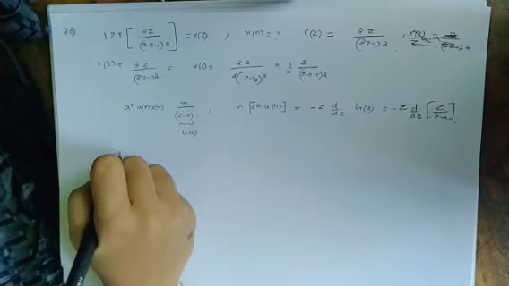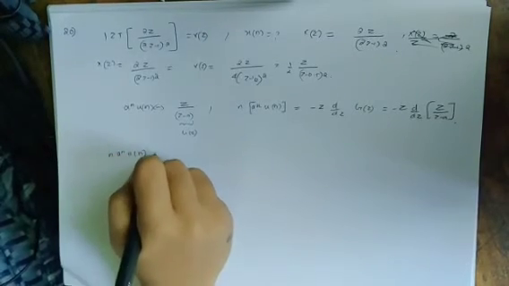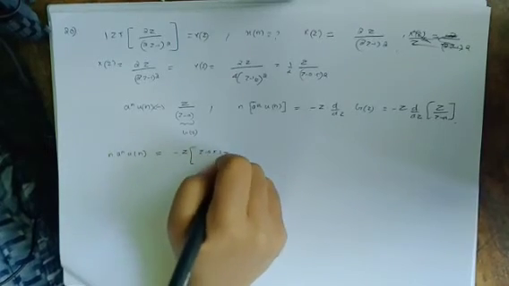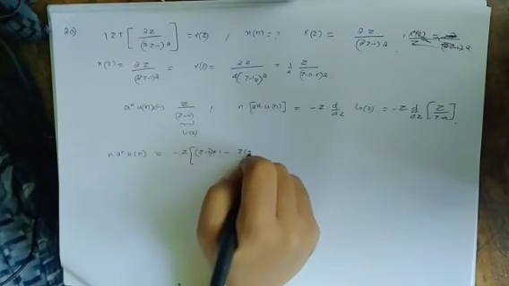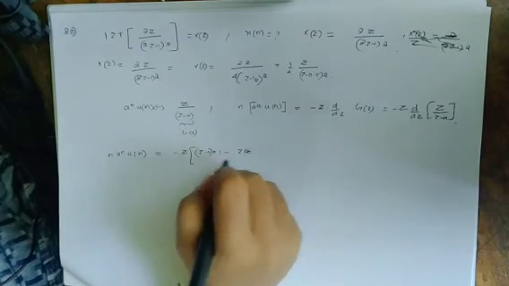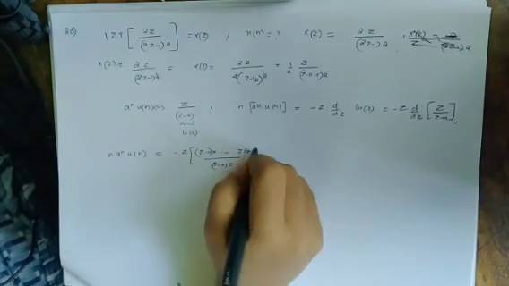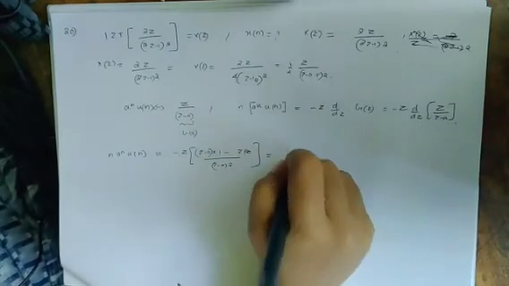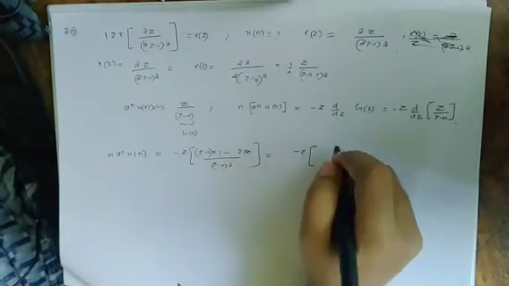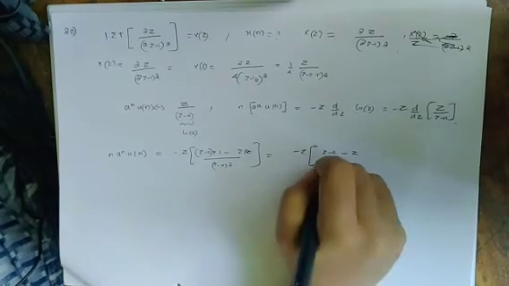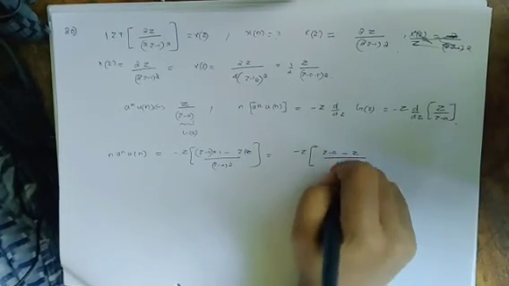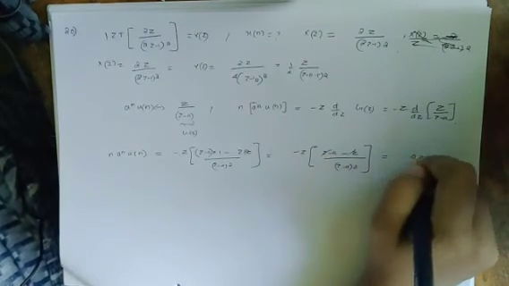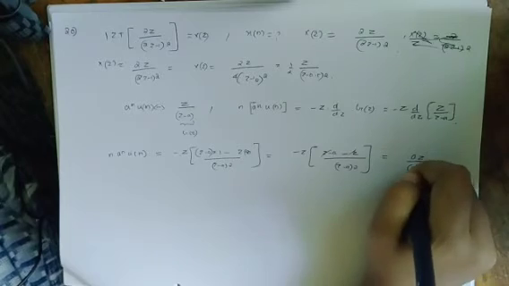Let's see what will be the answer. Into d/dz of (z minus a) into 1 minus z into 1, divided by (z minus a) the whole square, right? And simplifying, we'll get minus z into minus a, divided by (z minus a) the whole square, which is equal to a z divided by (z minus a) the whole square.